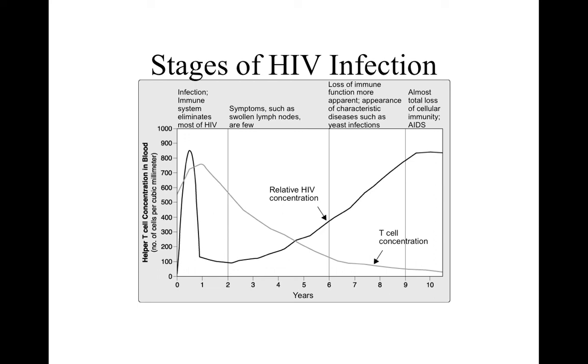What we see is how they figured out that it was killing the T cells, because they didn't know exactly why people were dying even when they found the virus. What they found was, as people's T cells were going down, the HIV was going up, and that's how they figured out that the HIV was killing the T cells.